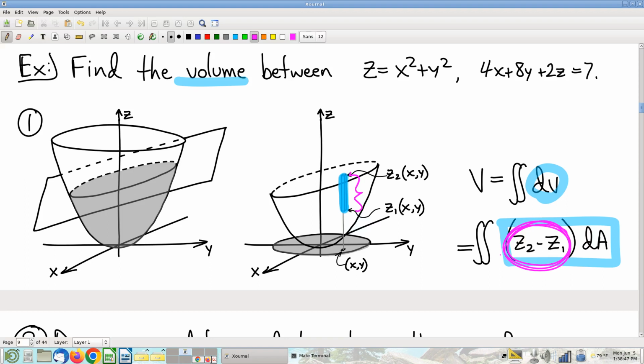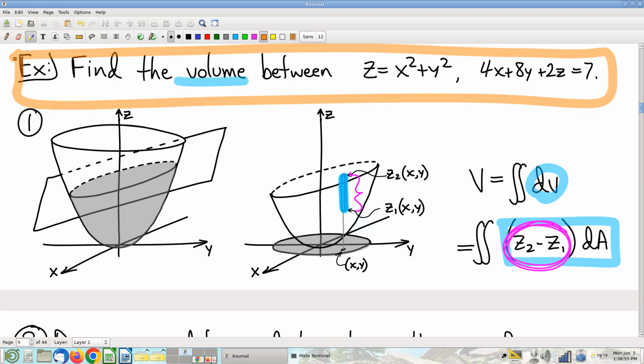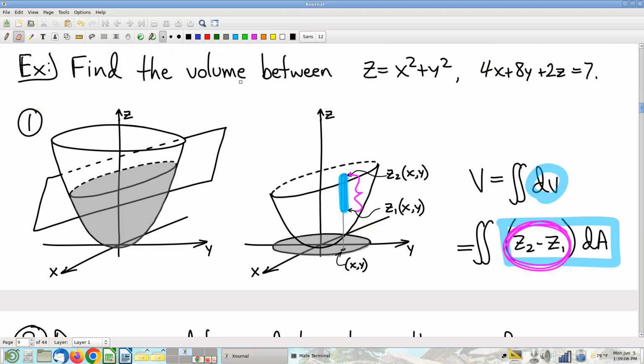Is everybody good on that part? So the tricky bit is, notice in the statement of the question, it doesn't say anything about over what area in the xy plane. It just says between these two surfaces. So you've got to infer from this how these French fries vary.